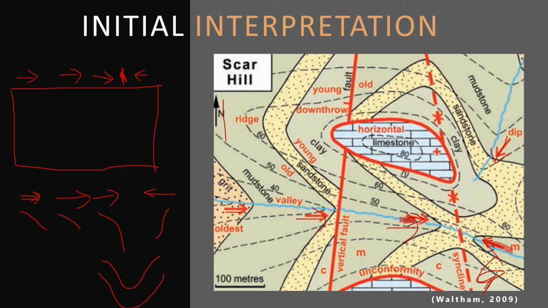So if we visualize that in our cross section, this would probably be like that, like that, like that. That would create a syncline like that, because they are two opposing directions.